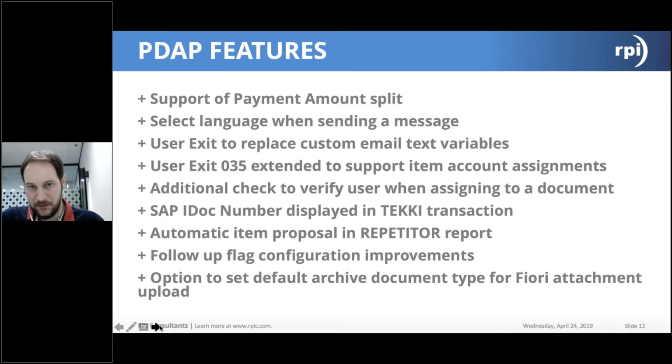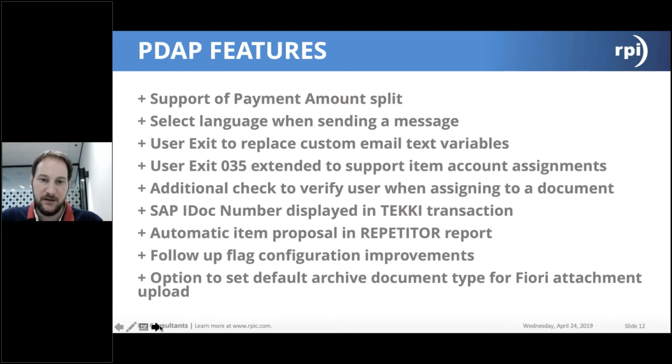However, with the new Repetitor, even if from OCR or from EIDOC only the header data came and we create the PDP document, the Repetitor will run the item proposal in the background. It will try to retrieve all the received items that can be billed and try to match them with the invoice received.